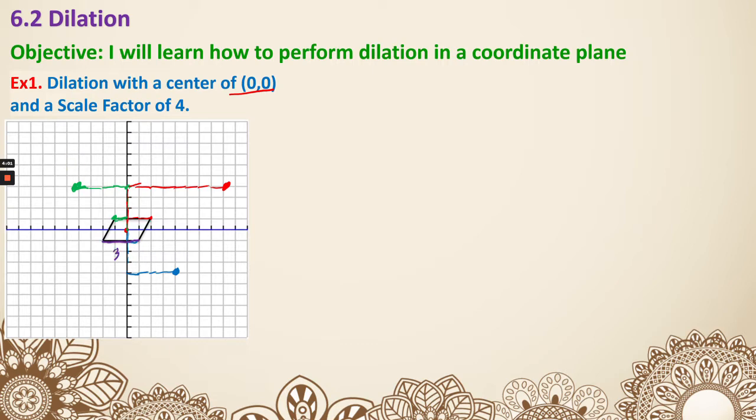Which means if I want to dilate the 3 long, I need to change it into a 12. So this bottom side should be 12: 1, 2, 3, 4, 5, 6, 7, 8, 9, 10, 11, 12. That's where my point is going to end up. Of course, you can still do the going down 1, going left 2, but after dilation it is going down 4, going left.